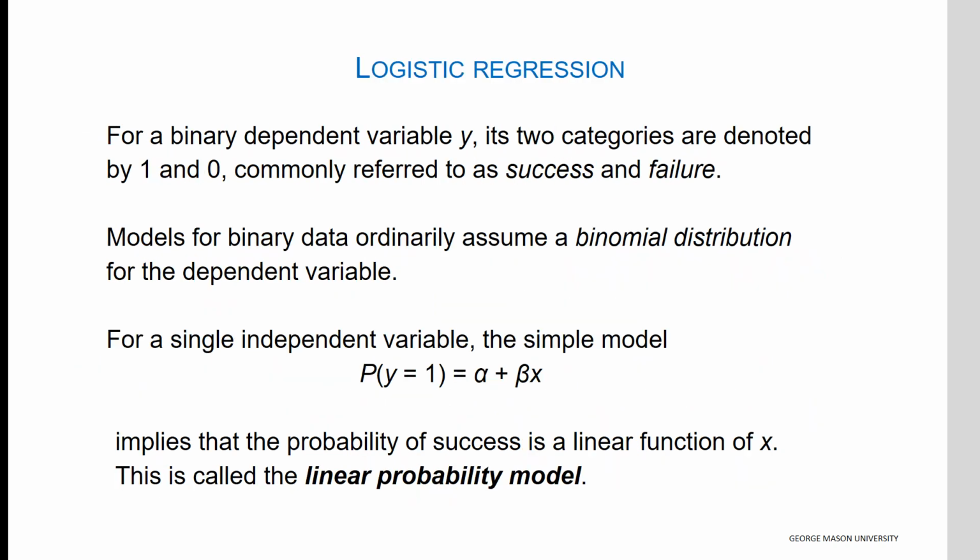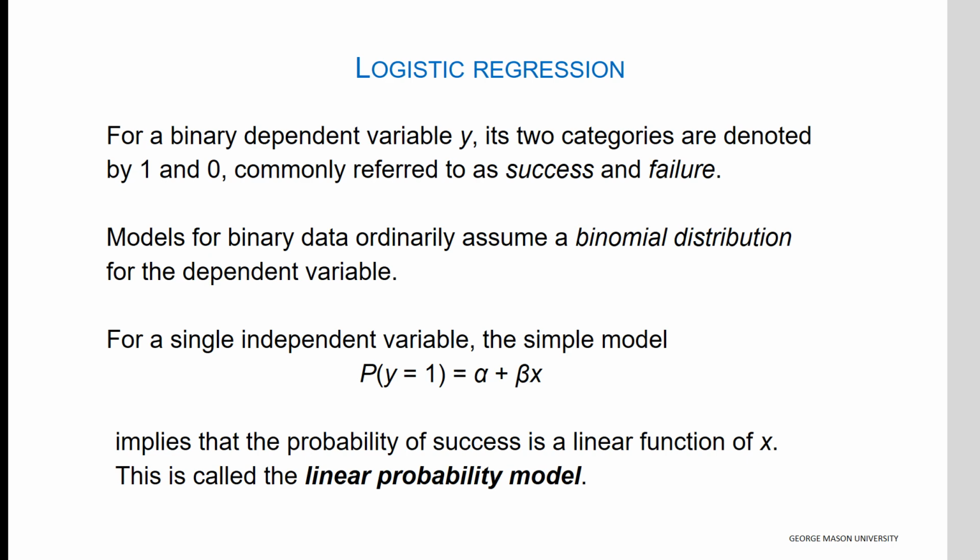For a binary dependent variable, its two categories are denoted by 1 and 0, commonly referred to as success and failure. Models for binary data ordinarily assume a binomial distribution for the dependent variable.